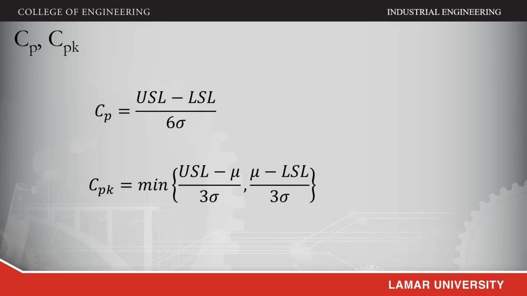And this again gives us an indication. If it's larger than 1, then we are doing all right, because in particular this measure gives us a key performance indicator. If this number CPK is larger than 1, most of the product in a natural way would be in good shape, 99.73% or better.